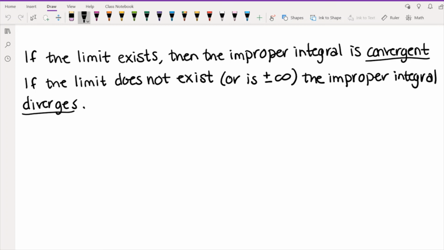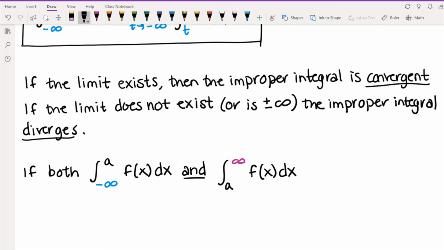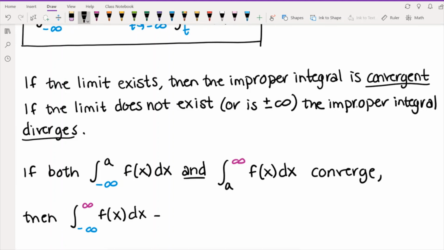So let me just write down this other fact, which is that if both the integral from negative infinity to a of f of x dx, and the integral from a to infinity of f of x dx, if both these converge, so if they're both convergent, then you can say that the integral from negative infinity to positive infinity of f of x dx is the sum of these two integrals.